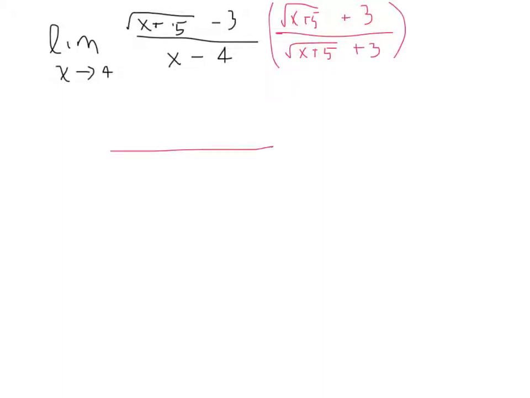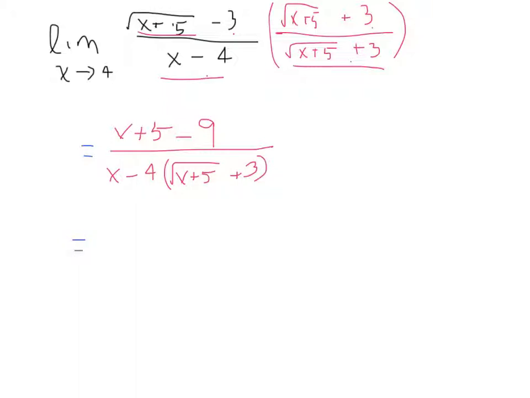Now the top, we're going to get rid of the square root, so we get x plus 5 on the top, minus, then we need to square that term, so minus 9. The inner terms of the FOIL, the O and the I, cancel each other out. Now the bottom, we're just going to put that times that, so x minus 4 times radical x plus 5 plus 3.